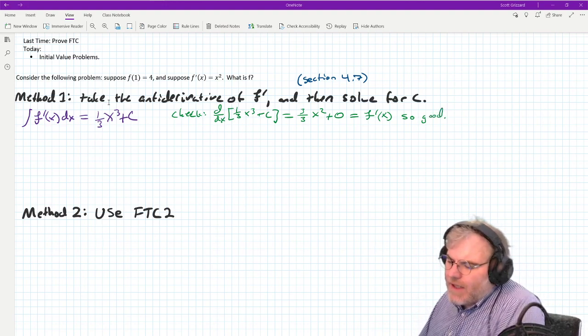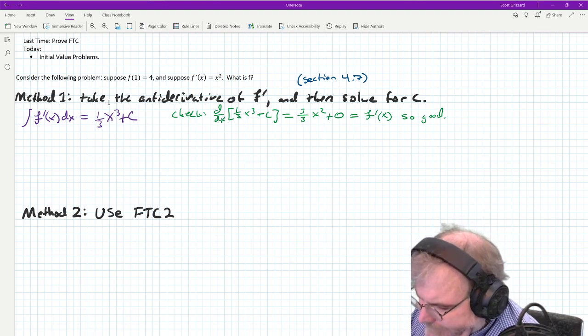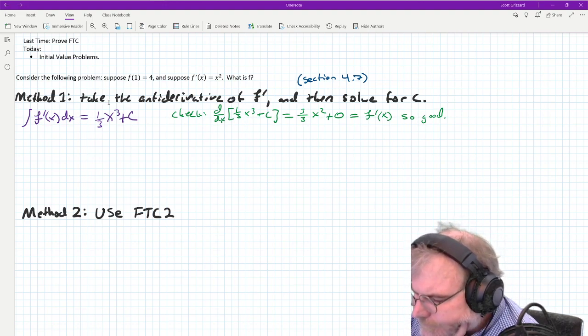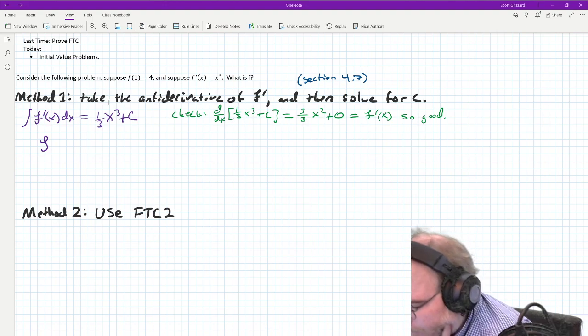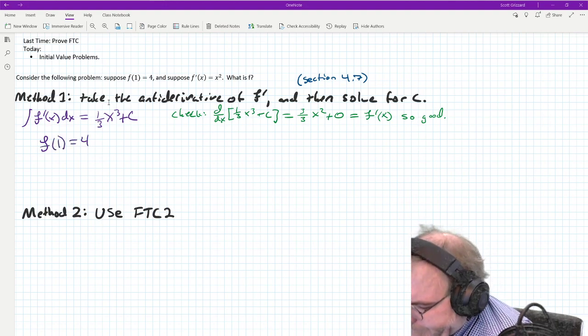And then, well, I have a piece of data. So my piece of data is that f of 1 equals 4. And so what I do is I actually plug in for f of 1.